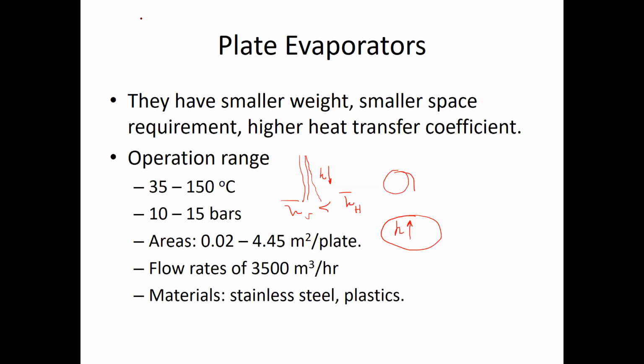This actually is the one that has this kind of profile, as at the leading edge of the boundary layer, the heat transfer coefficient is infinitely high, and then it decreases as you are moving in. The shorter the distance that it has to travel, the higher the average heat transfer coefficient.